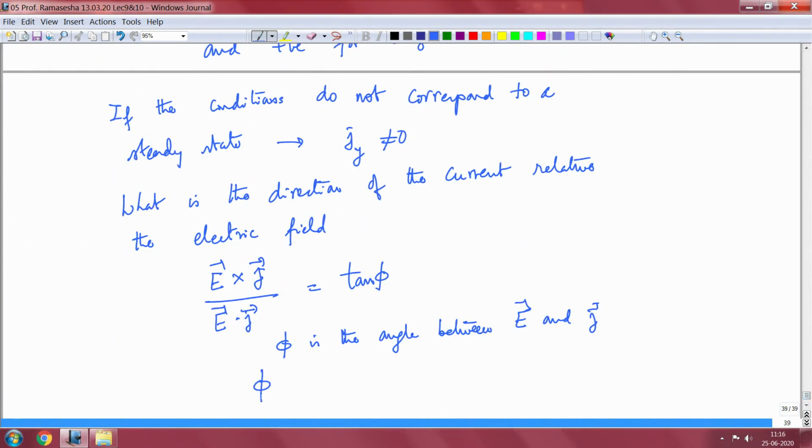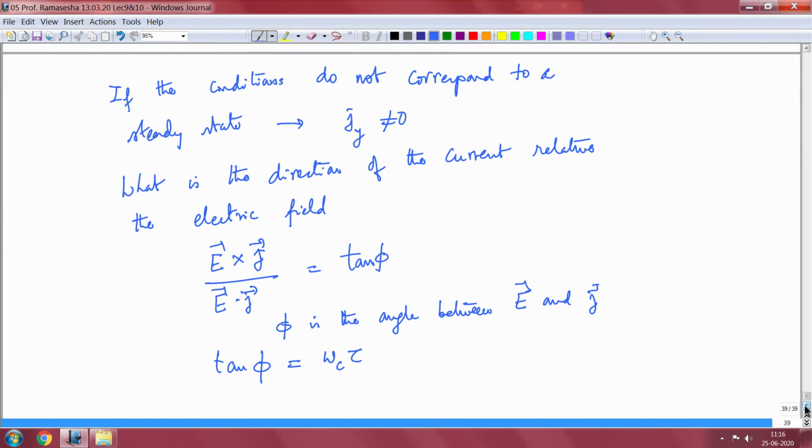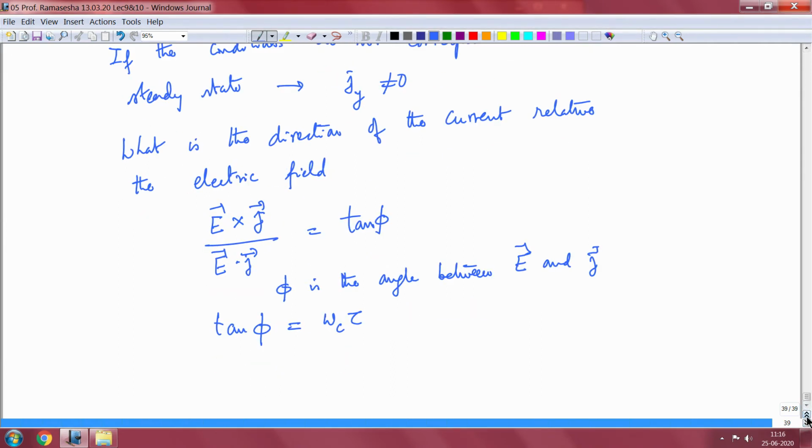Tan phi is equal to omega c tau. So, you see that we can also know the direction of the current, and phi is known as a Hall angle.